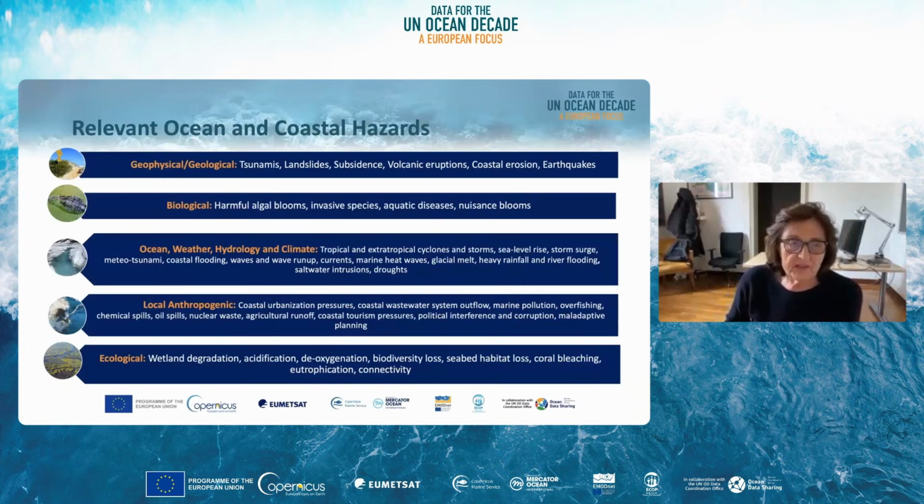So we have listed the relevant ocean and coastal hazards we are concerned with. Most of them are covered. Some of them, I would say, more than 30% are uncovered in a way that are really useful for coastal resilience. And so it is a challenge for the UN Decade to produce data for the hazards that we still cannot map with observations and modeling.